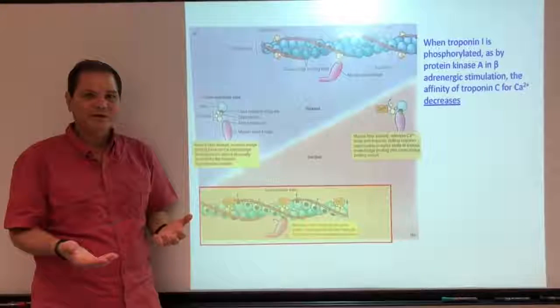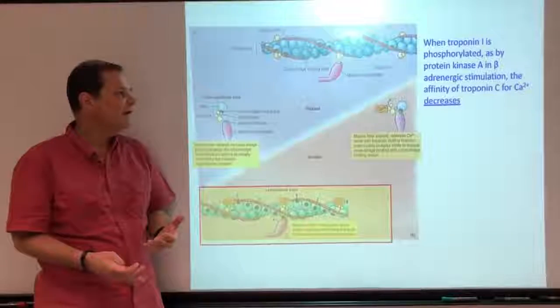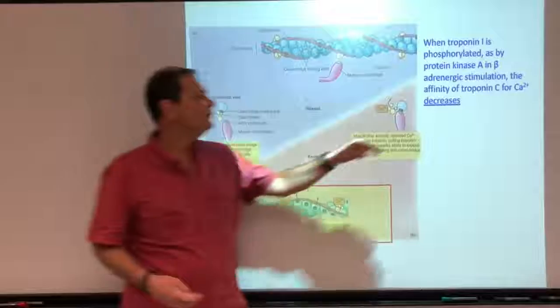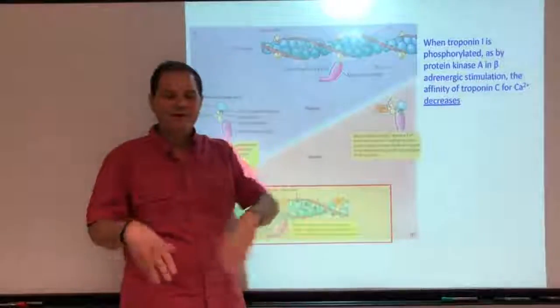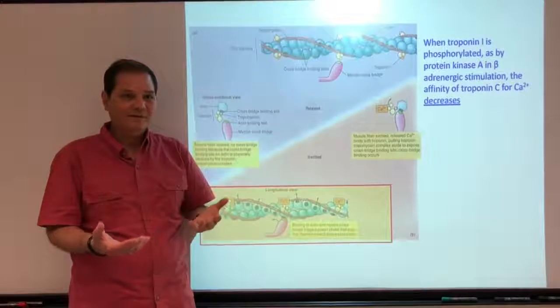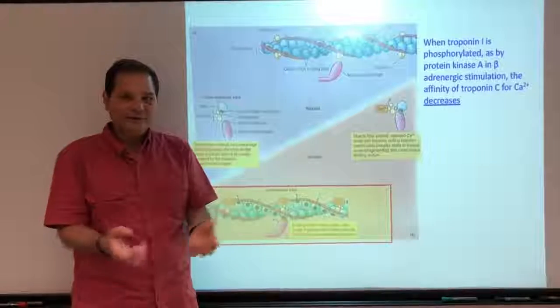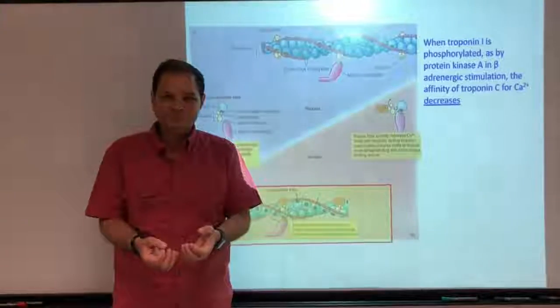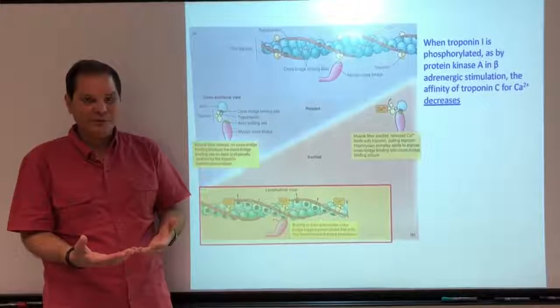You went through my first lesson, the introduction to the cardiovascular system, and you know that usually when you have an increase in sympathetic activity, you have an increase in force of contraction of cardiac muscle. So that increased sympathetic activity makes the muscle contract harder. The increased force of contraction in the cardiac muscle increases stroke volume, and you increase cardiac output that way.